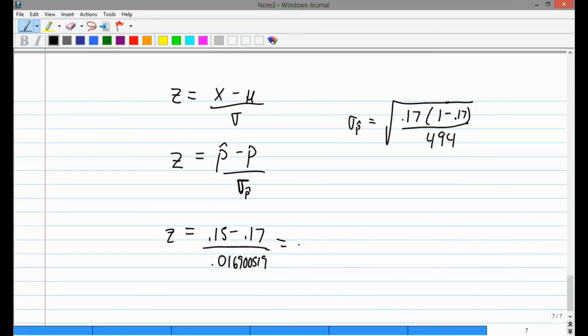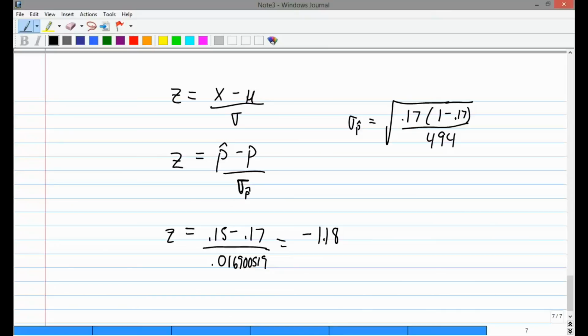So we say 0.15 minus 0.17 divided by 0.0169, and we get a z-score of negative 1.18. We round to 2 places.